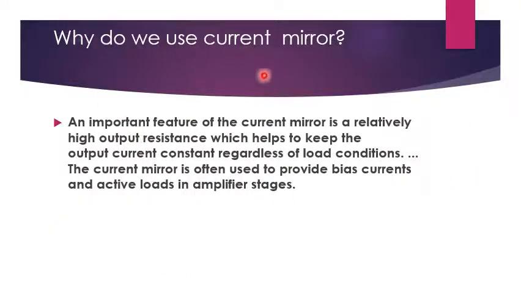Why do we use the current mirror? An important feature of the current mirror is a relatively high output resistance, which helps to keep the output current constant regardless of load condition, irrespective of whatever may be the load variation. The current mirror is often used to provide bias currents and active loads in amplifier stages.